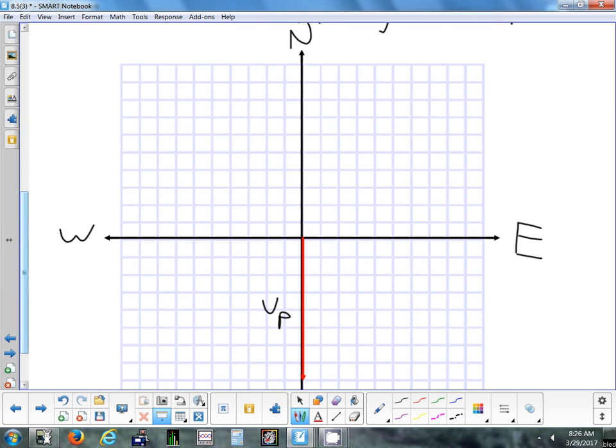Okay, and northeast means exactly between north and east. Okay, and I'm going to draw that arrow a little shorter because it's 80 miles an hour. Is it VP or UP? V sub p, velocity vector for the plane. And I need a little more space. Let's call this one the velocity vector for the wind.